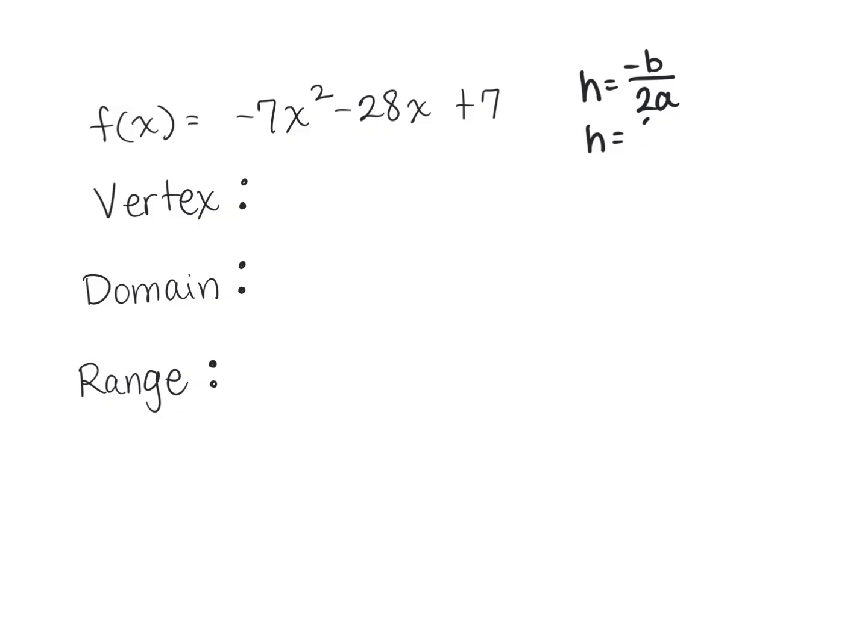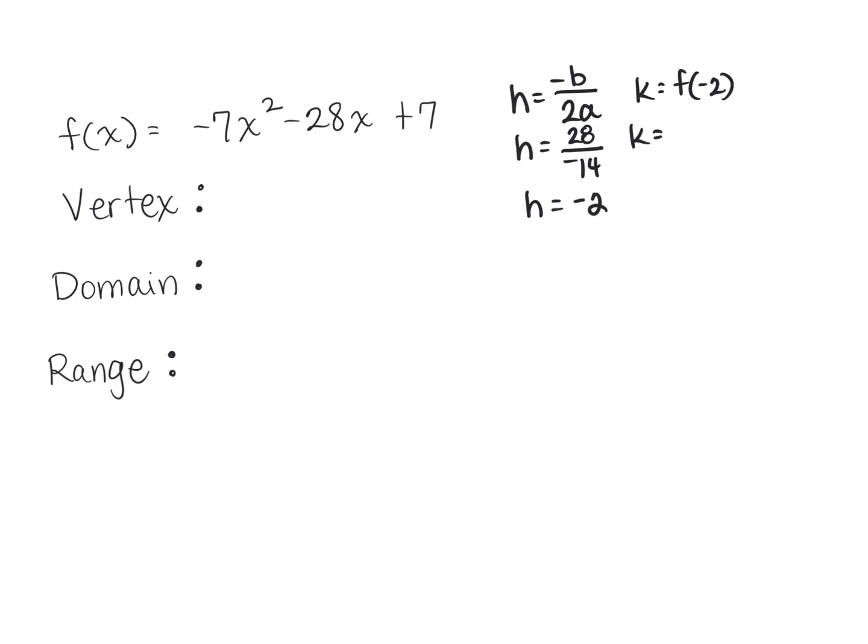So I have a positive 28, because when I substitute in a negative makes it positive. And then I have 2 times -7 is -14. So then h is equal to -2. Then k is equal to f of -2. So as I plug this in, I'm going to scoot over just a little.